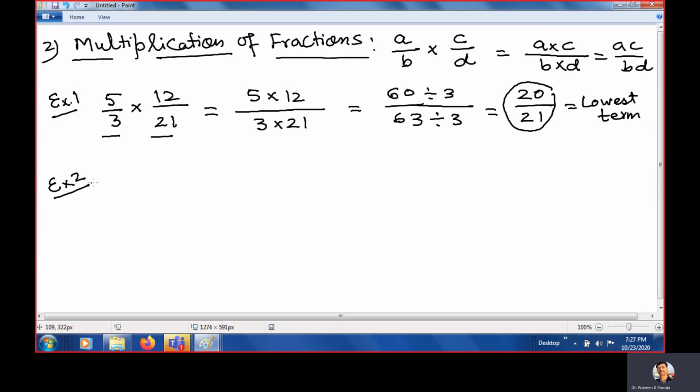Another example we will take, with mixed fractions: 2 and 1 by 2 multiplied by 5 and 7 upon 3. These two mixed fractions you need to multiply.